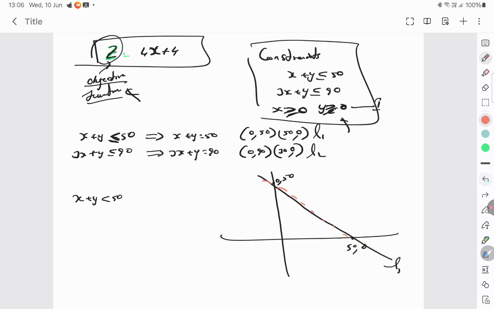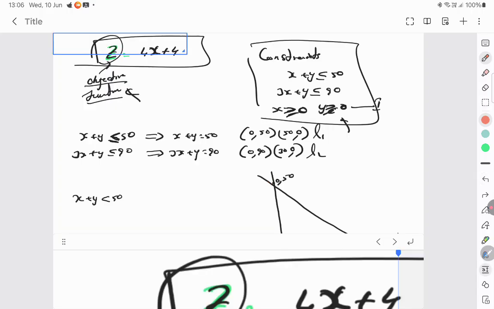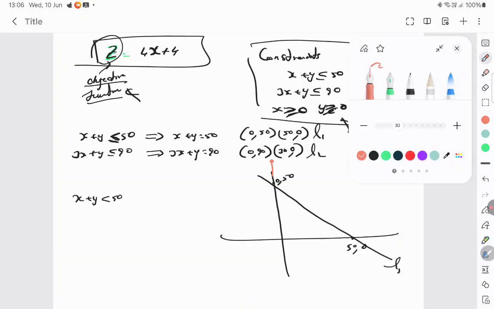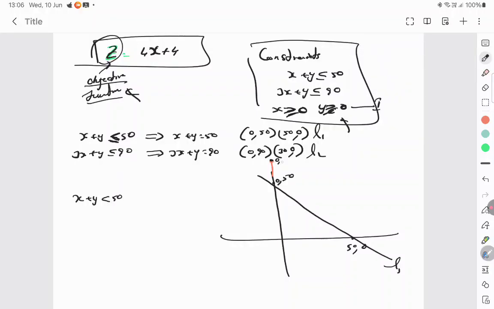But as per last year's syllabus for linear programming, since it's equal to, I can draw a thick line, and that's my line 1. Let's plot the next graph, which is (0, 90). Where will (0, 90) come? It will be somewhere up. Extend the y-axis and write this as (0, 90) and (30, 0). This will be your line 2.